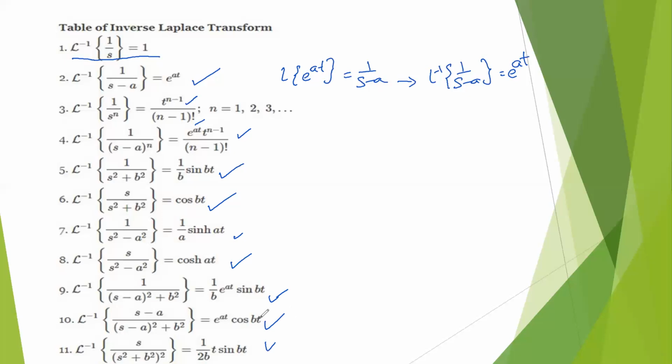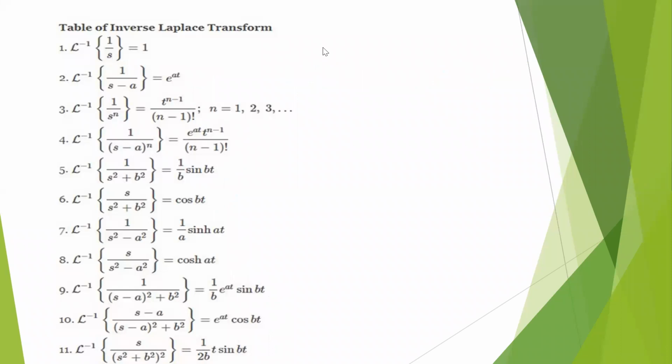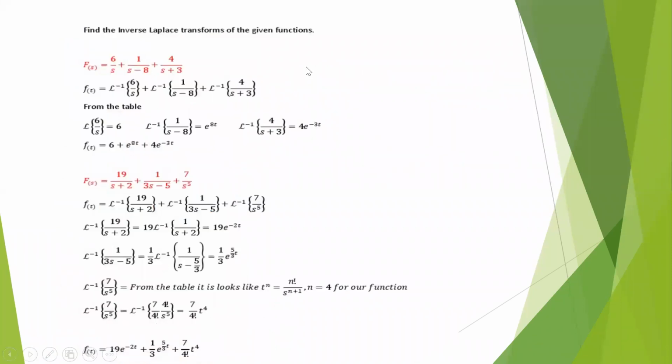Let us see a few examples of how to resolve the inverse Laplace transformation of the given functions. Find the inverse Laplace transformation of the given function. What is the given function here? 6 by s plus 1 by s minus a plus 4 by s plus 3.